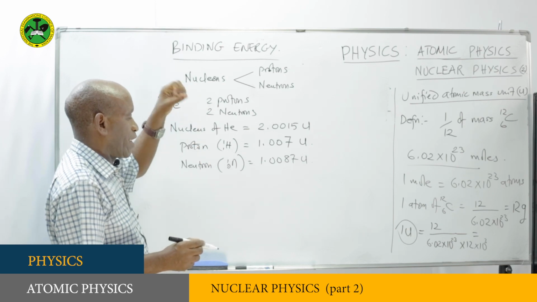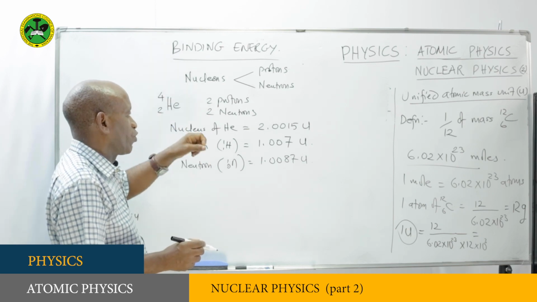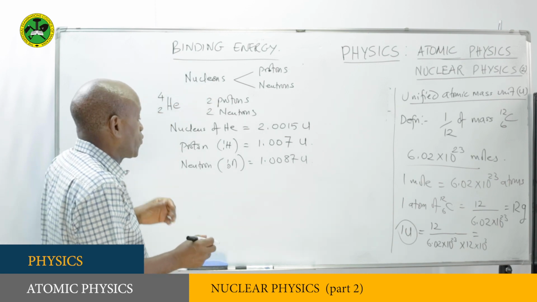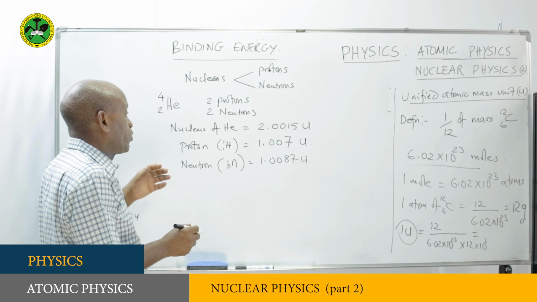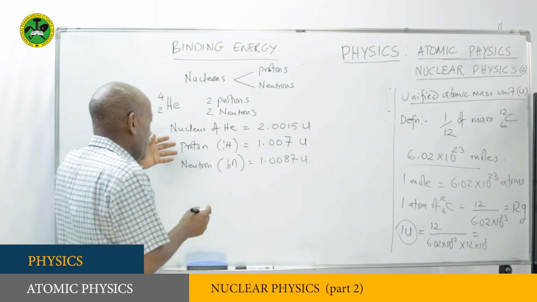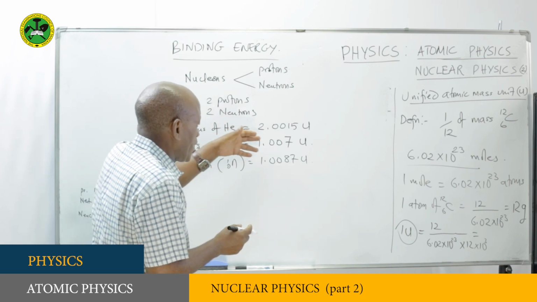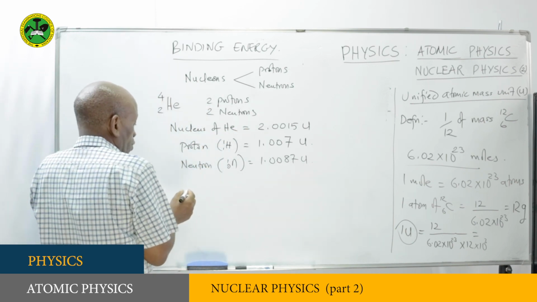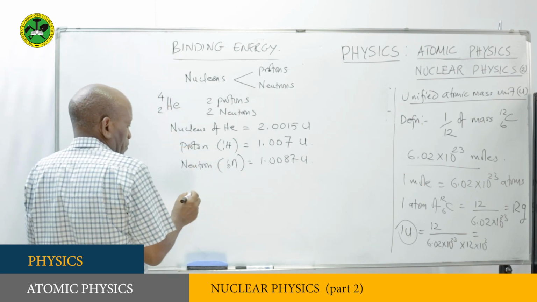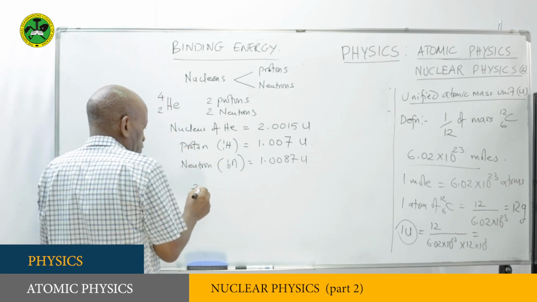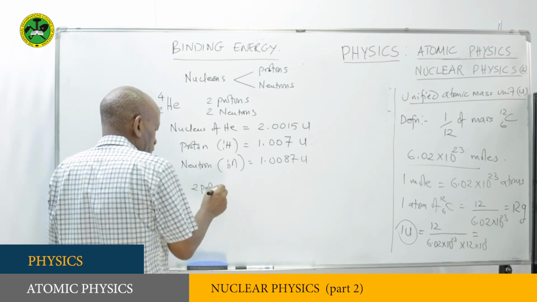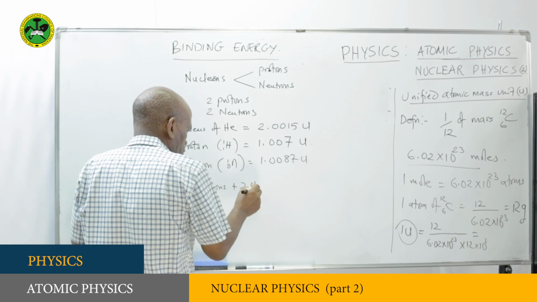Those particles contained at the nucleus are the nucleons, and those are the protons and neutrons. So we can try to look now and see what the difference will be. As long as there are two protons at the nucleus, we can look at the total mass whenever they are completely separated. So we have two protons plus two neutrons.